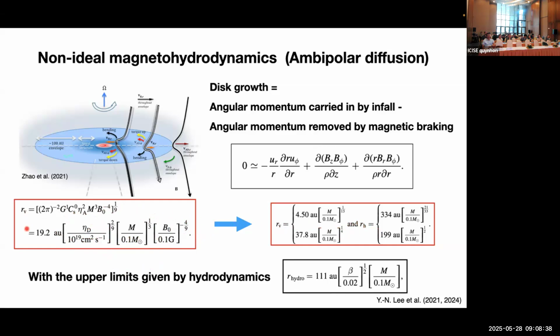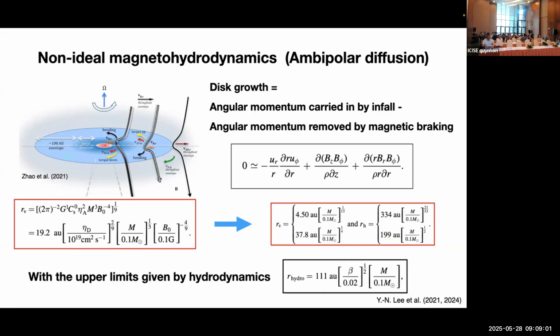So we can simplify this into disk radius as a function of mass if ambipolar diffusion is the dominant effect. And here I show the two solutions. It depends on the magnetic field orientation with respect to the disk rotational axis, where the B field is perpendicular or parallel to the disk.